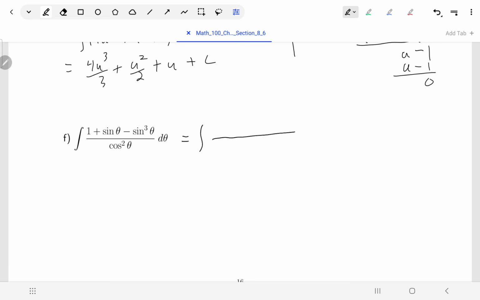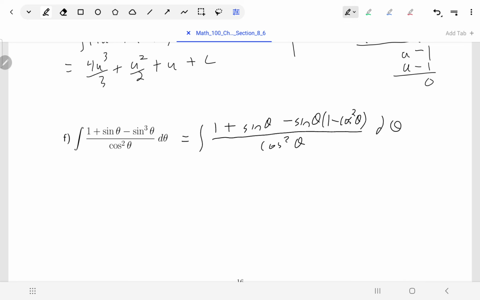I know that sine cubed is the same thing as sine times sine squared. And I also know that sine squared could be written in terms of cosine squared using a Pythagorean identity. So that's kind of my idea here. I'm going to rephrase this. Instead of having sine cubed, I'm going to think of it as sine times sine squared, and sine squared is the same thing as 1 minus cosine squared.